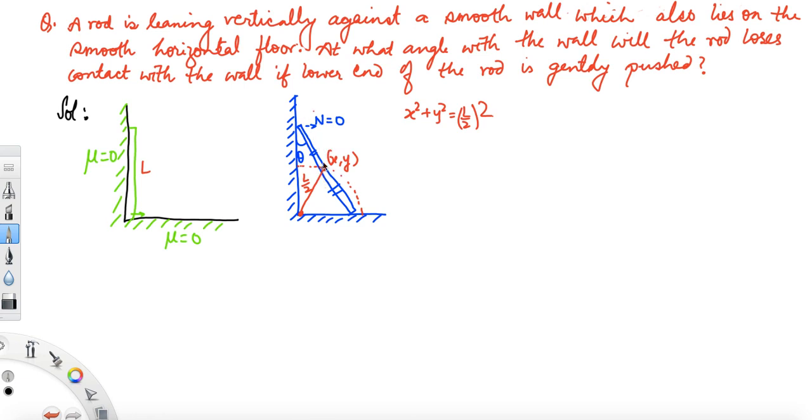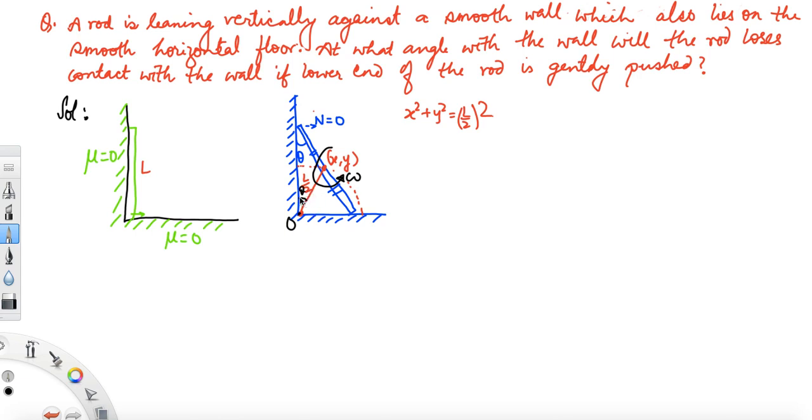Next thing, let's say at this instant, omega is the angular velocity of the rod. So omega about the center of mass and omega about this point O will be the same, because this angle is also going to be theta.